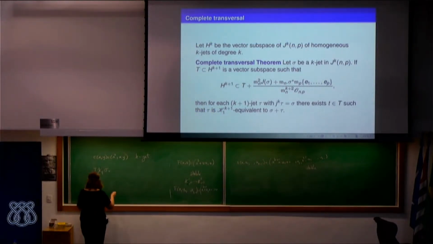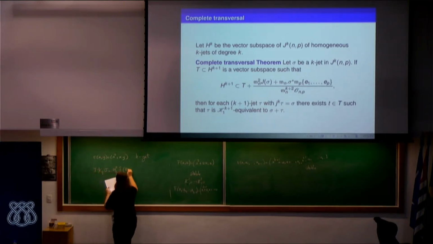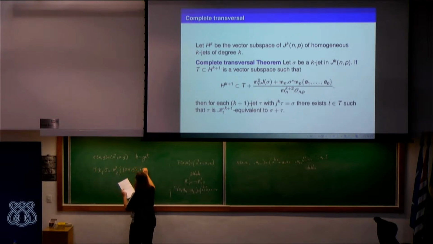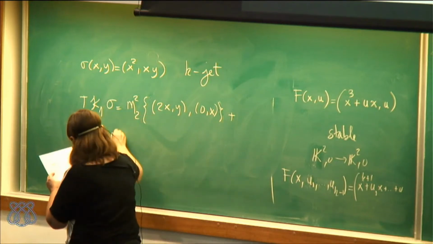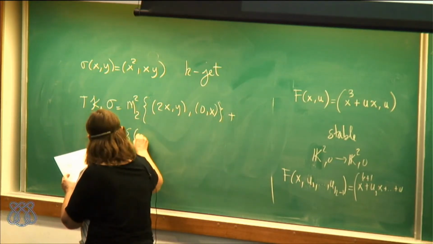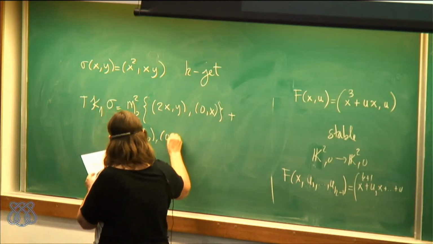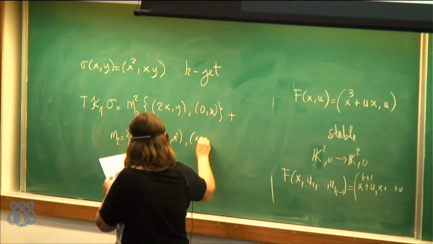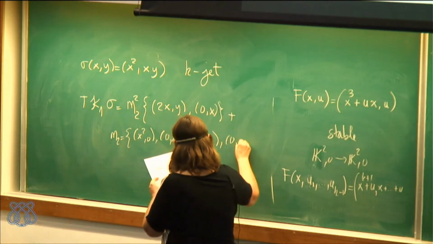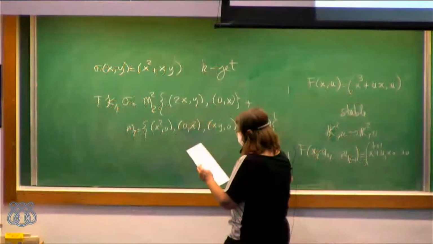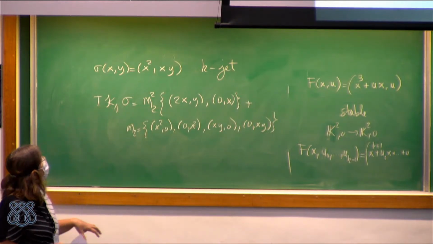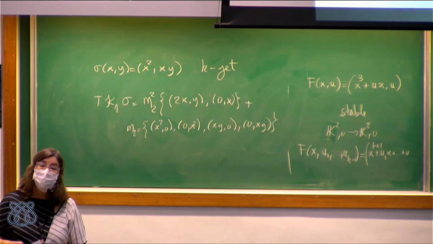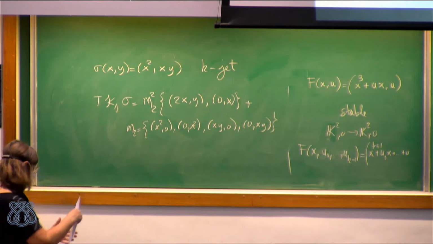Then I have to calculate this. This is M2 times (2x, y, 0, x) plus M2 times (x squared, 0, 0, x squared, xy, 0, 0, xy). So we are looking for all monomials of degree k+1 in each entry.